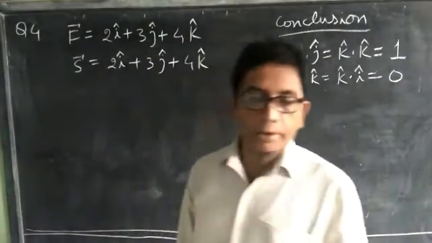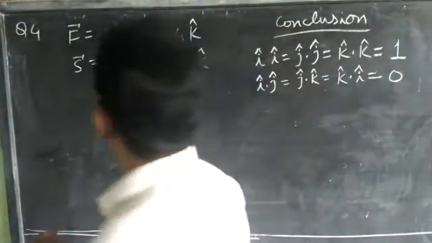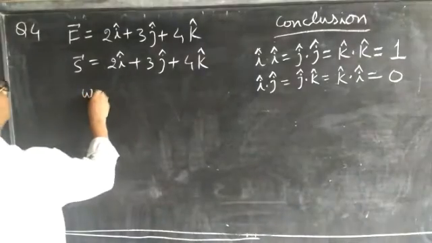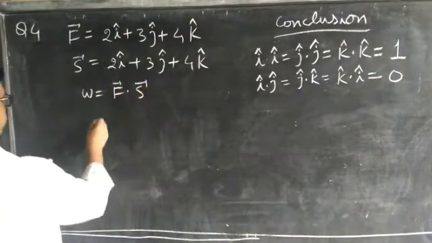Then what is the work done? We will find the work done. So work done W is equal to F dot S.